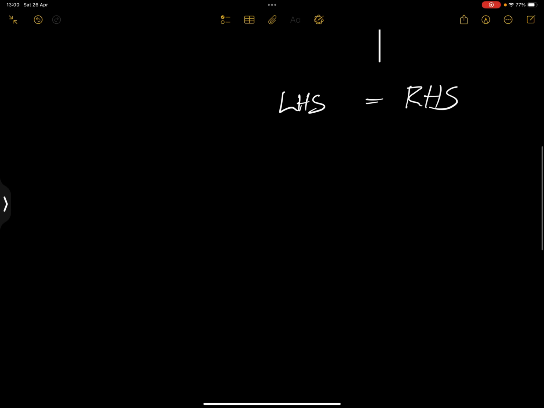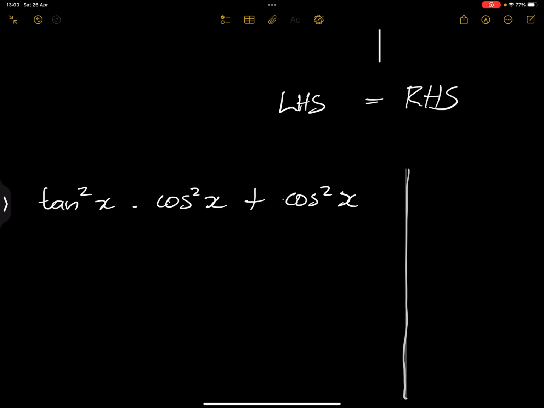So let's write that down: tan squared of x multiplied by cos squared of x plus cos squared of x, and we must prove that this is equal to 1. Once again, I'm going to leave the right hand side as is, and start on the left hand side.